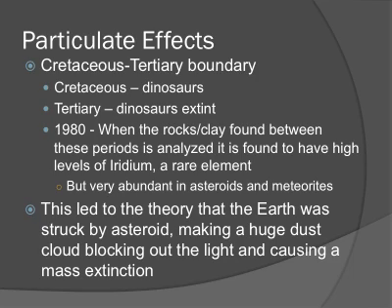In 1980 they noticed that when the clay found between these periods is analyzed, it has a high level of iridium, which is actually a very rare element. So it's unusual for there to be a very big amount in this boundary, but this element is very common in meteorites and asteroids, and so that's what led to the idea of an asteroid hitting the Earth.